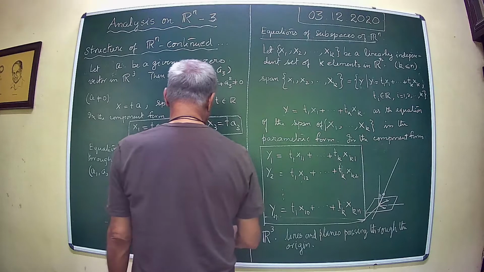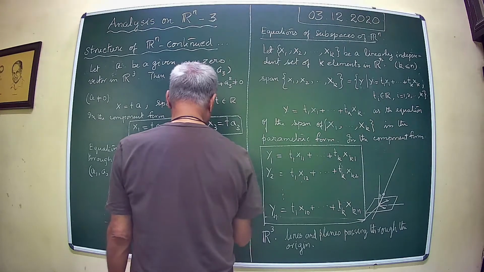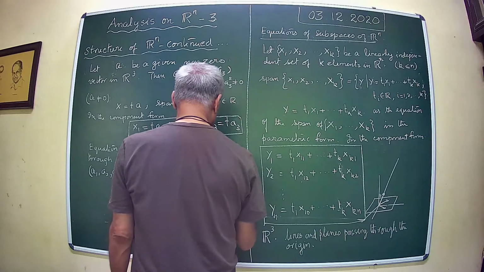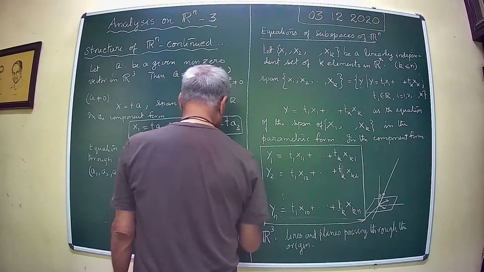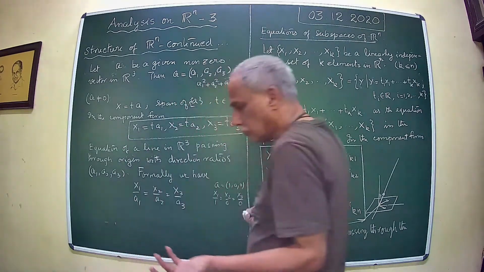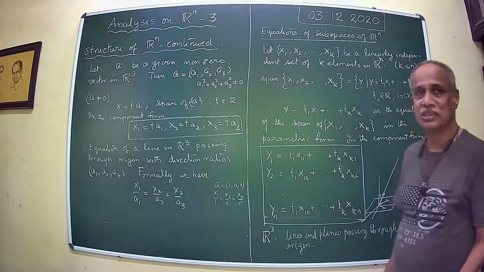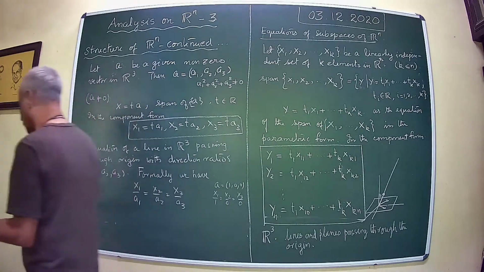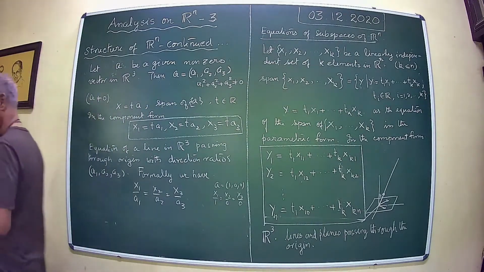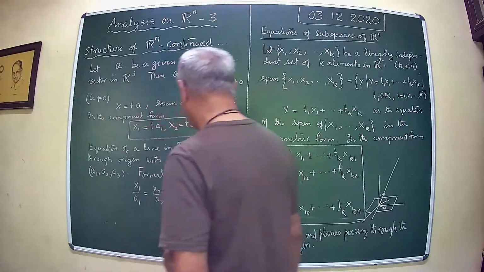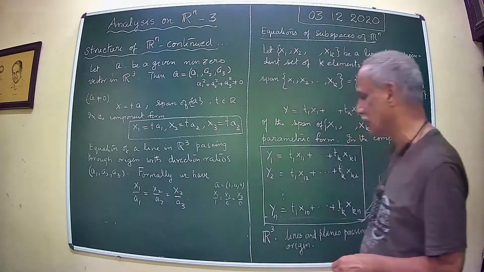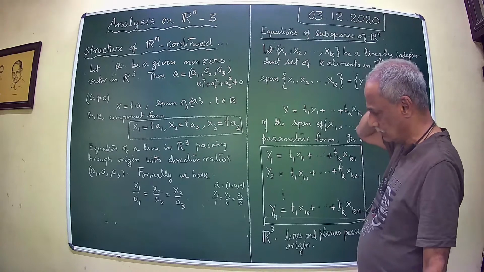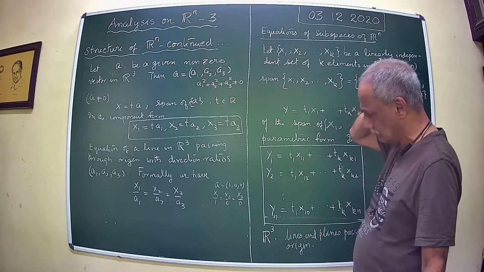Then this will be x1 by 1 equal to x2 by 0 equal to x3 by 0. So you might ask, what about division by 0? It's not division by 0. It's a statement that (x1, x2, x3) is proportional to (1, 0, 0). Or it corresponds to three equations, that is x1 equal to t, x2 equal to 0, x3 equal to 0.